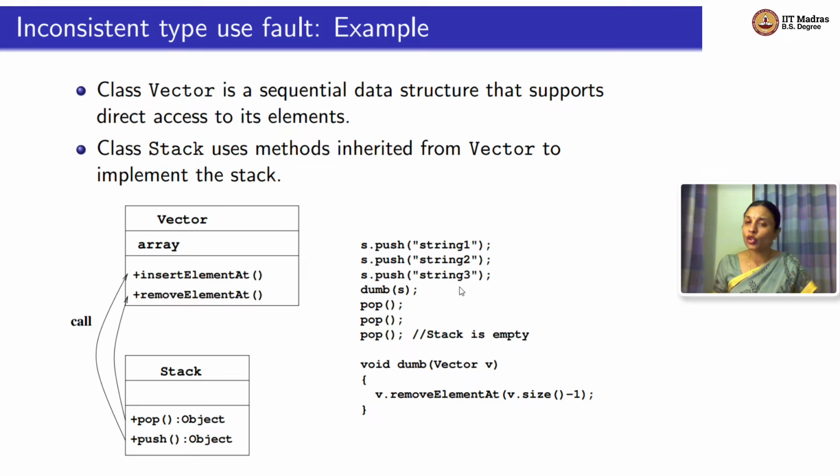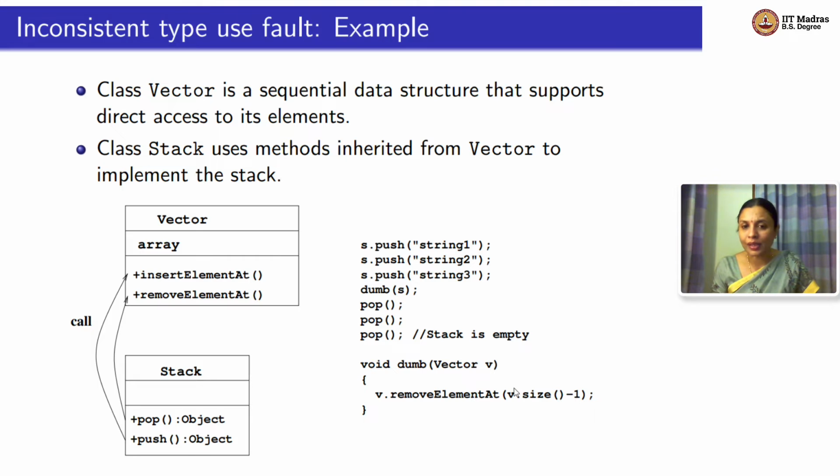Now the stack, assume it was empty to start with. Now it has these 3 elements, string 1 followed by string 2 followed by string 3. Then a call to this method called dum is made. Let's go to the code of dum. Dum actually uses the vector v class. And then it says v remove element at v of size -1. So what is happening here?